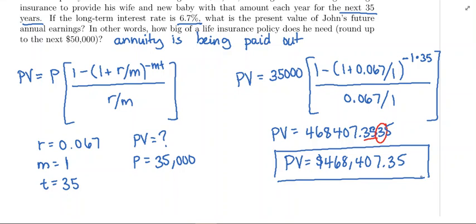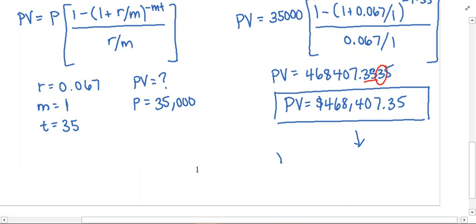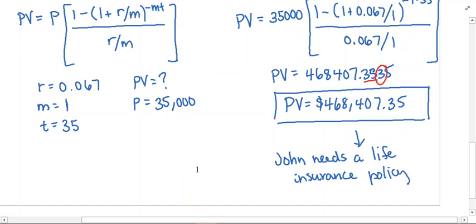And they don't sell it for exactly $468,407.35. You usually have to buy them in increments of 50,000 or something. So that's why you were asked to round up to the next $50,000. So if you rounded this up, John needs a life insurance policy worth, we rounded this up to the next 50,000, that would be $500,000.